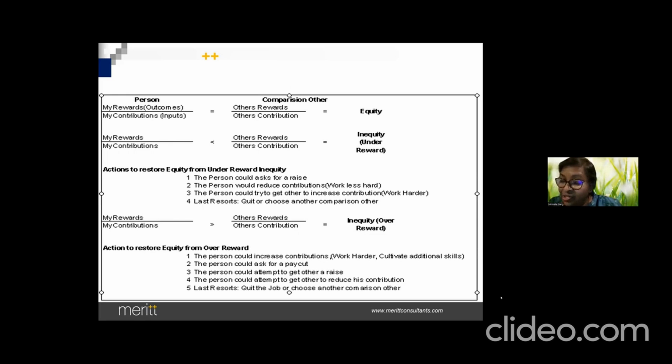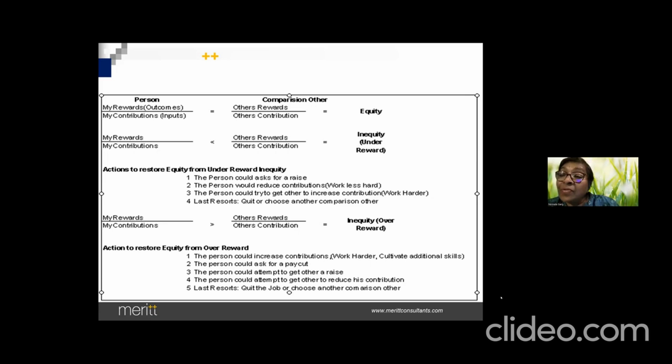Somebody else spoke in the initial stage. So you have to have that comparison, which is a number. You are comparing your output to input against your comparator. Now my comparator could be somebody from the same organization.